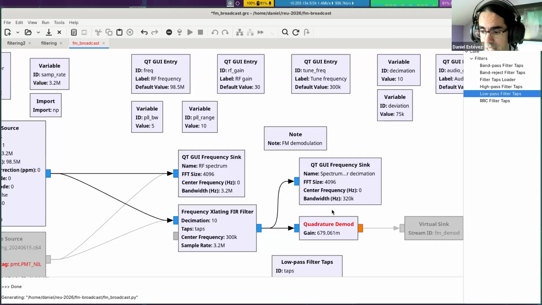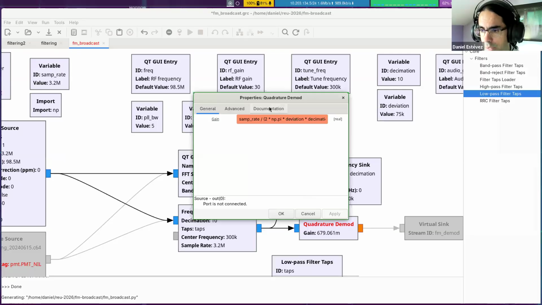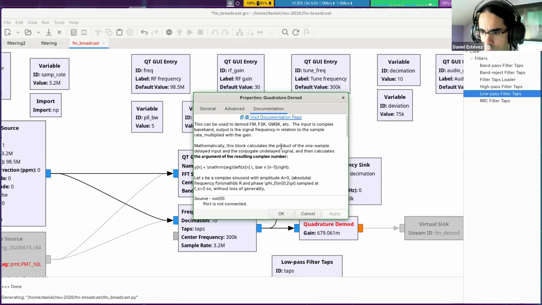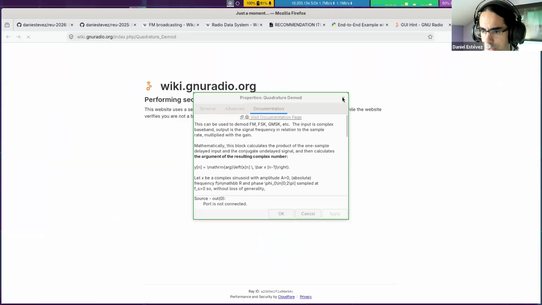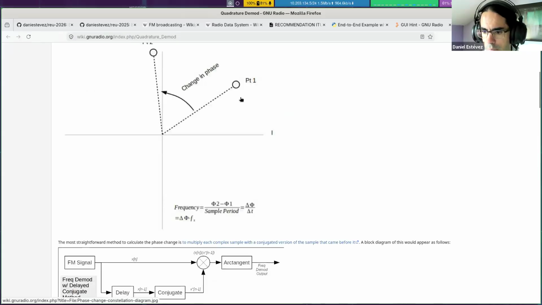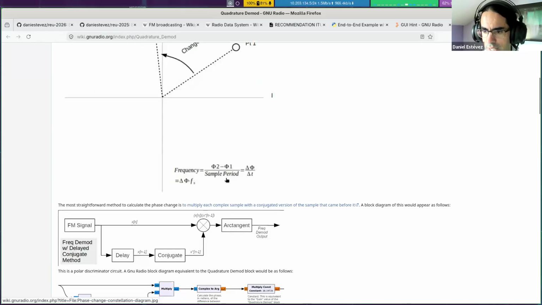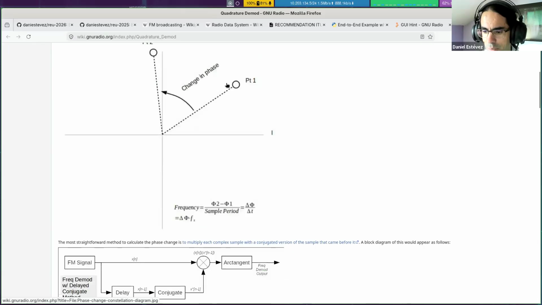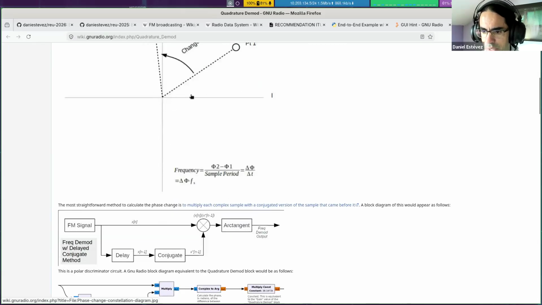So how much has this thing been shifted in frequency at any point in time? So we use this quadrature demodulator block. This has documentation. There's a formula here in LaTeX. I think it's slightly better in the wiki. It's actually pretty good. There's even a picture. People keep updating this, so it gets better and better every time.